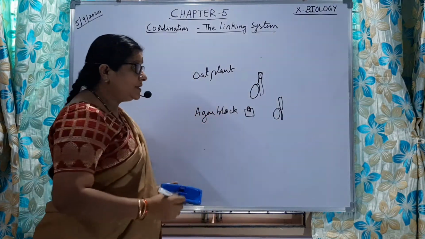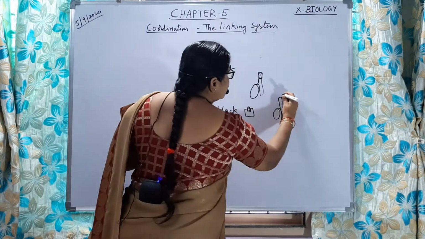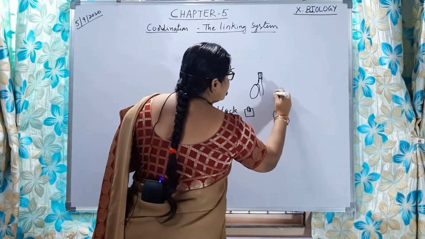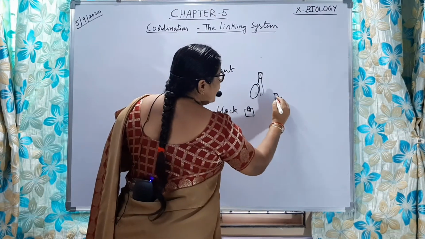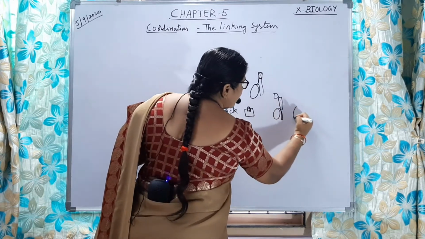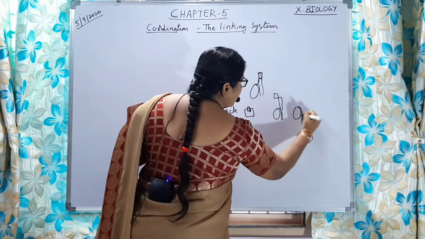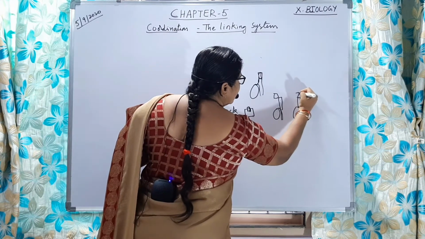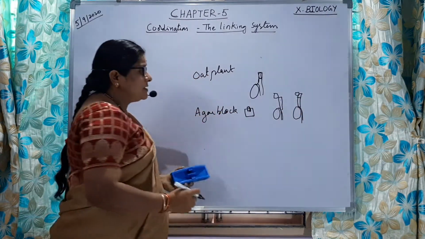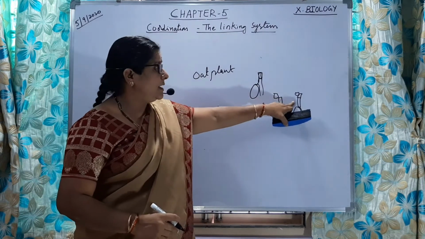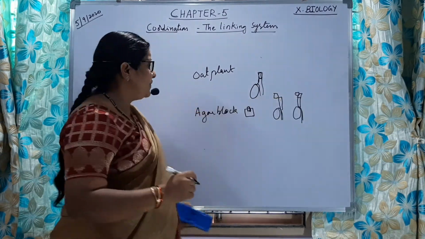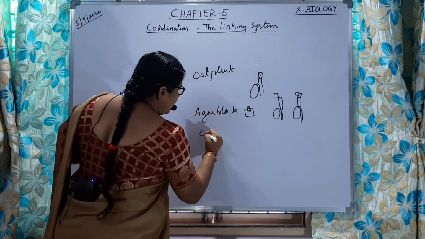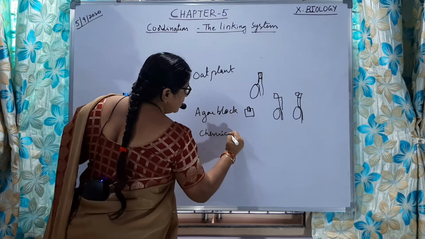What he observed was the bending of the coleoptile tip. Is it clear to children? That is because of a chemical influence.